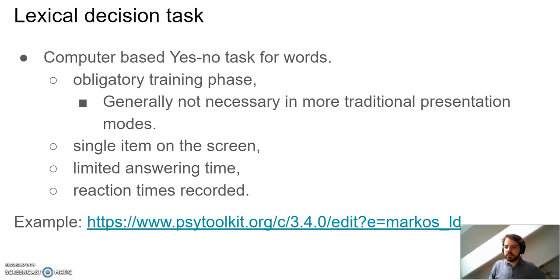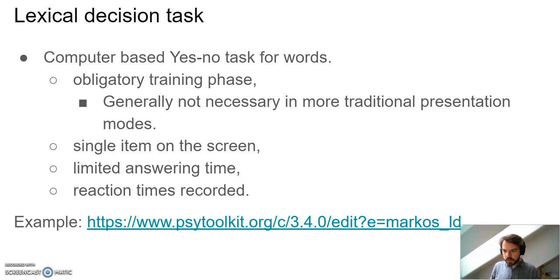There's always a training phase, when you're exposed to some words and non-words, and you're asked to answer. And you're getting feedback so that you learn the task, so that you make sure that you don't misunderstand the task. You always get a single item on the screen presented to you. You have limited answering time, and reaction time generally gets recorded.